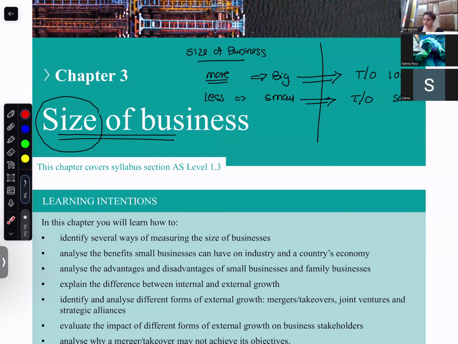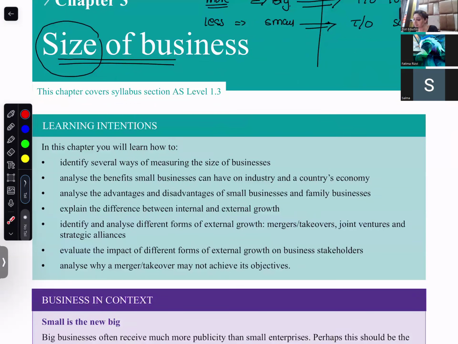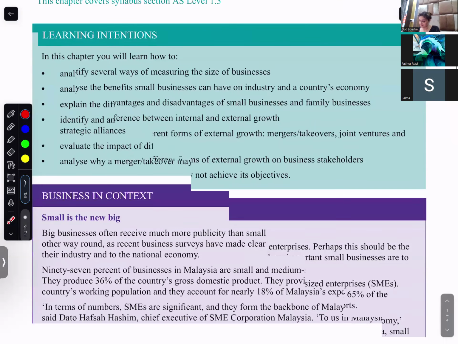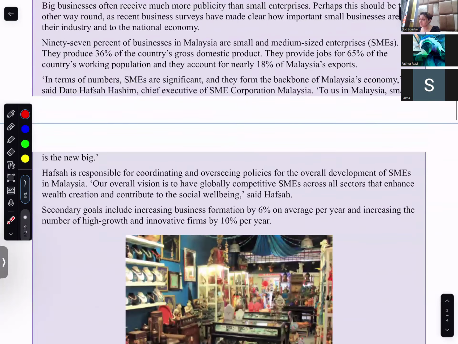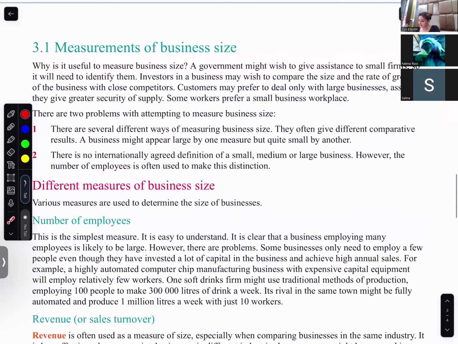But the same business appears to be smaller when you measure the size in terms of sales revenue. So there are different ways to measure the size of the business, whether it is a small business or a big business.